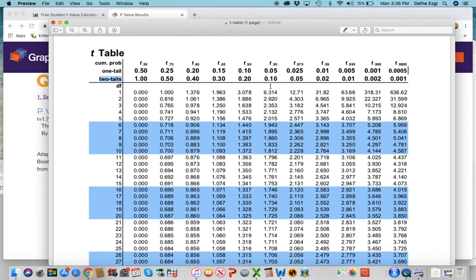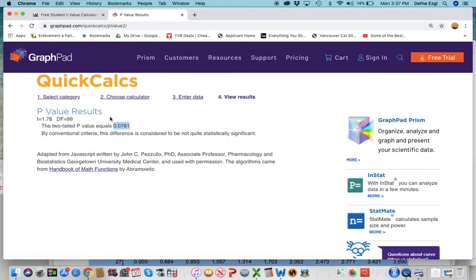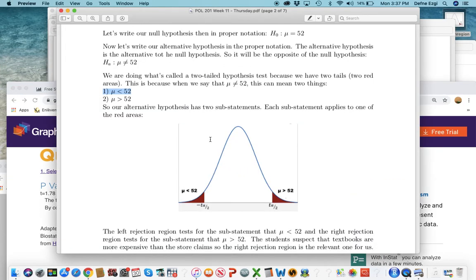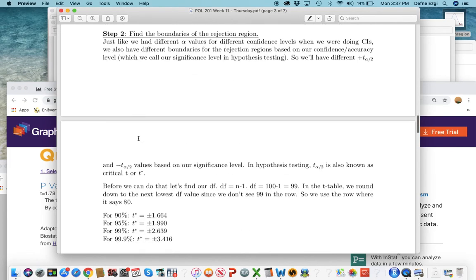Whereas here you're saying that my p-value is between 0.05 and 0.1, here you'll see that it is actually 0.0781. So in order to figure out our significance level, we will compare this to various alpha values.